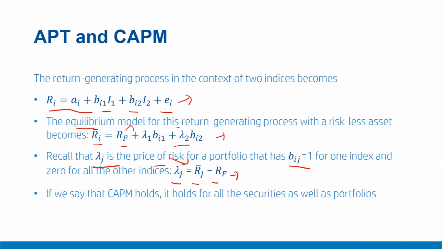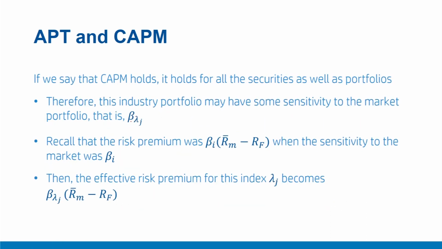If you assume that CAPM holds, then it also holds for all the securities as well as portfolios like I1, I2, that is, broad market-wide portfolios such as I1, I2, which are the risk factors in the model as well. And since we assume that CAPM holds for portfolios I1, I2 as well, industry portfolios like I1, I2 may have some sensitivity to the market portfolio.